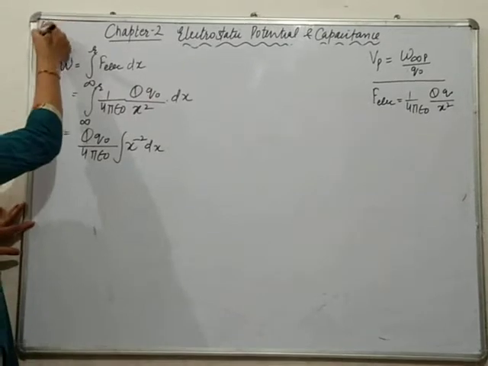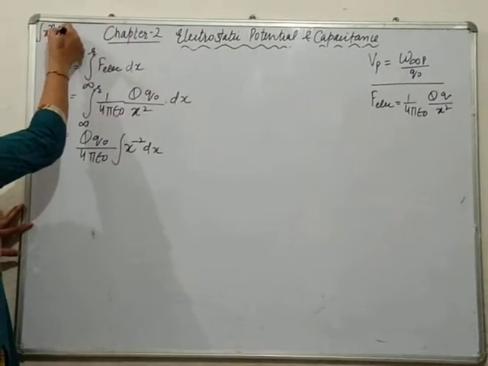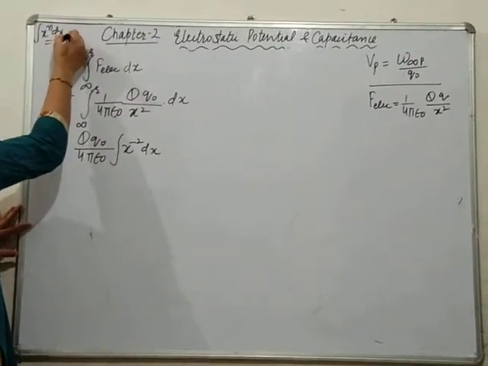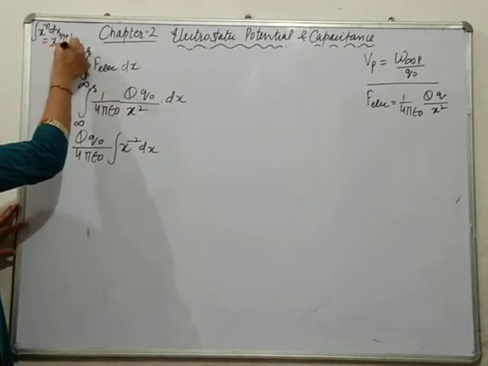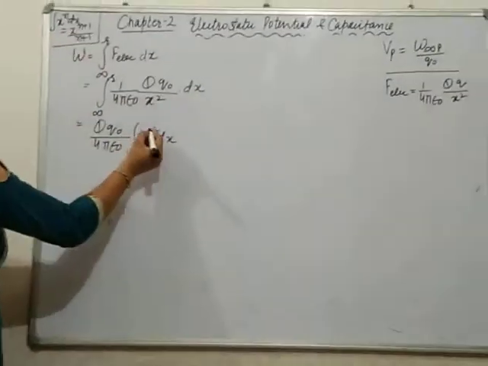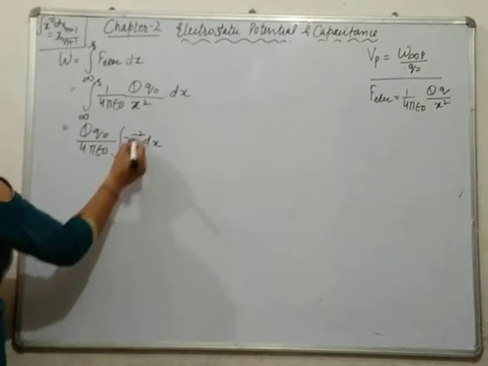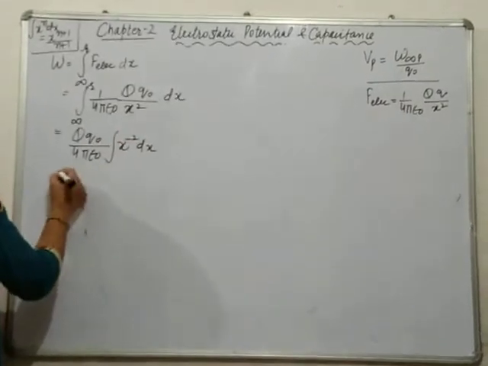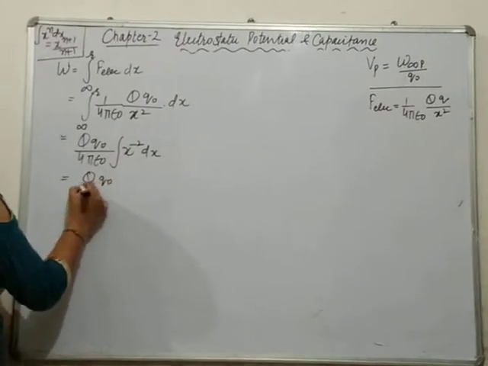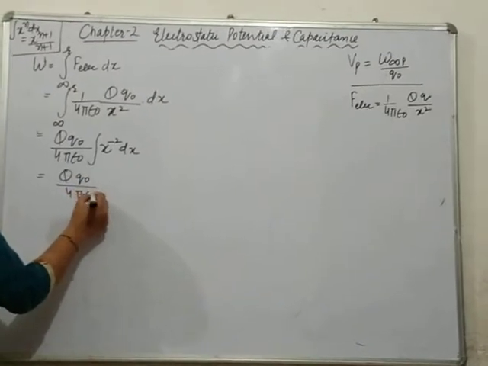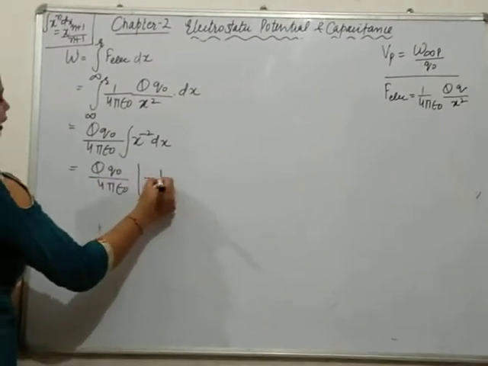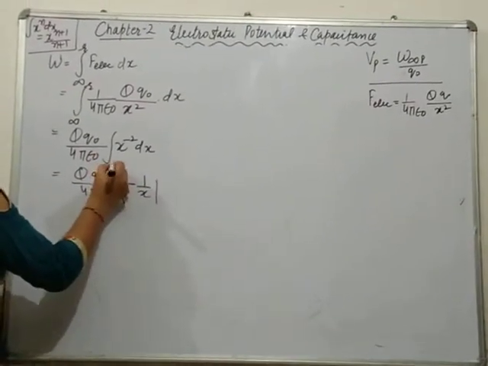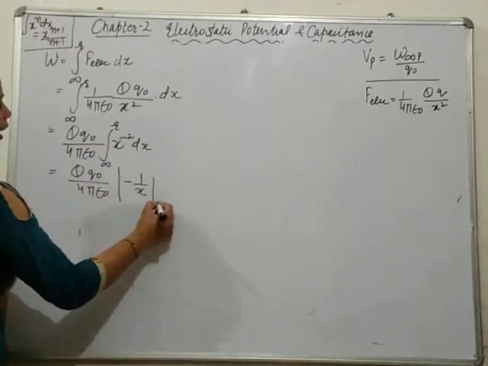As we know, integration of x raised to the power n dx is x raised to power n plus 1 upon n plus 1. We have to add power 1 to this. Minus 2 plus 1 will be minus 1. So it will be Q naught upon 4 pi epsilon naught, minus 1 upon x, and the integration is from infinity to r.